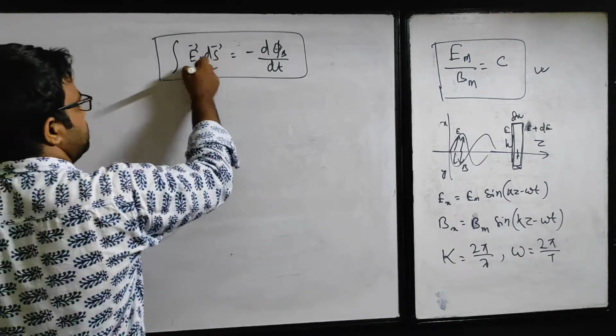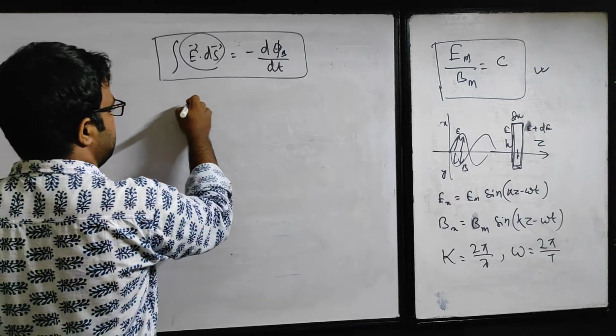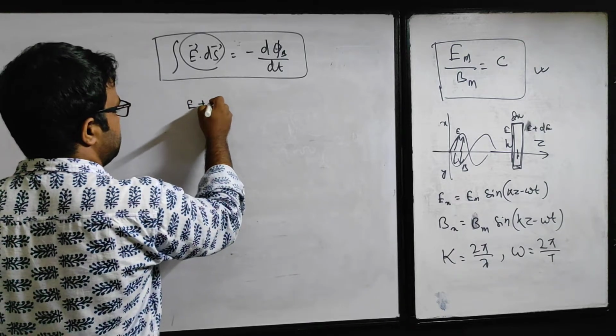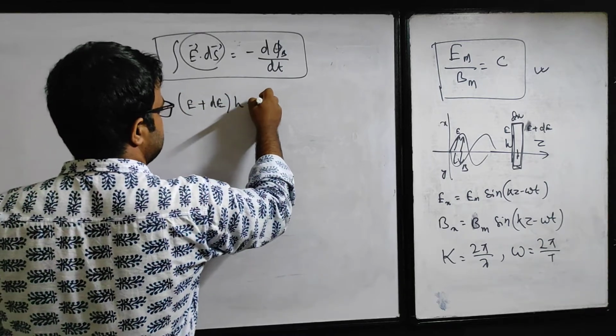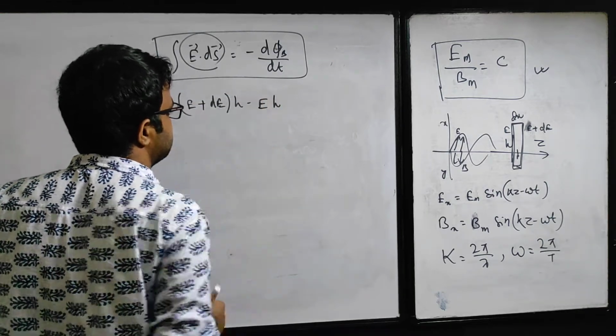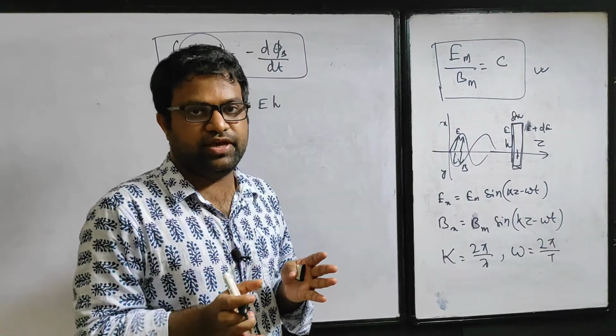So this integration we can write as (E plus delta E) H minus EH, because the integration is nothing but the area under the curve.